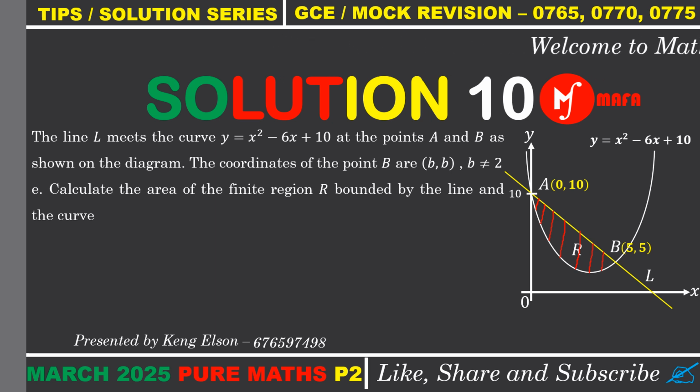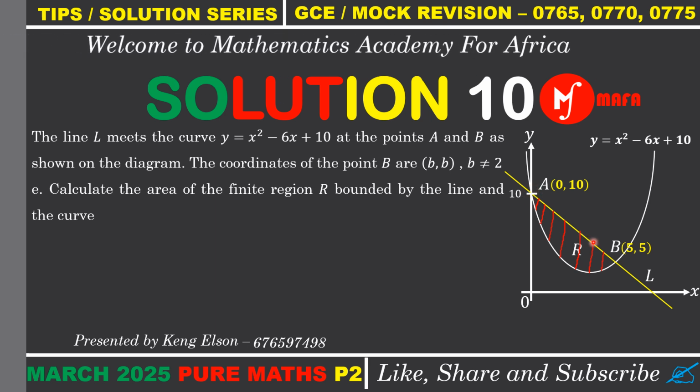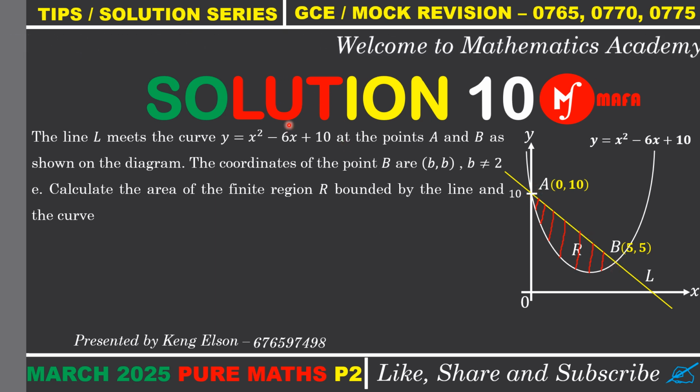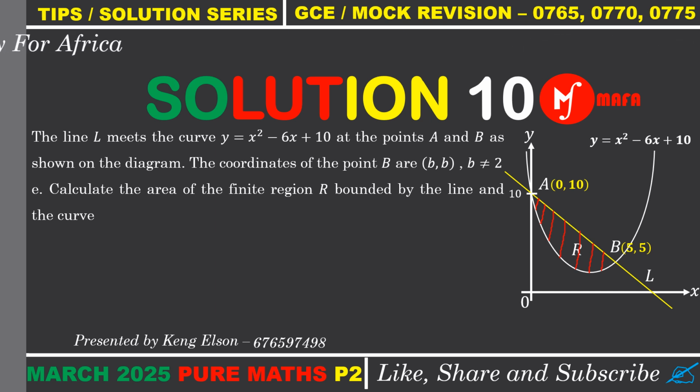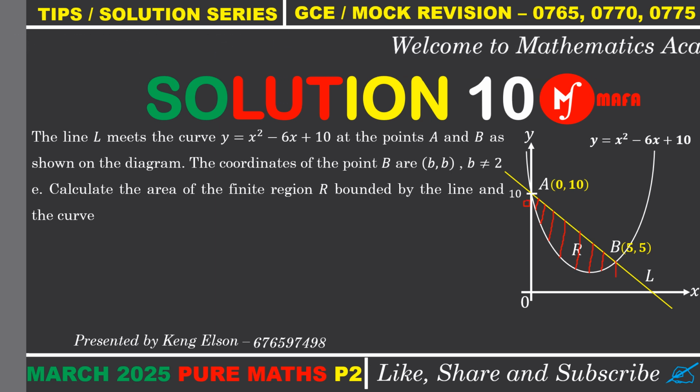Okay, so the area bounded by this region is basically the integral from the first value of x to the last value of x. We see that clearly from here. We see that the region is bounded by x starts from 0 because it is on the y-axis, and x ends at the B coordinate, which is 5.